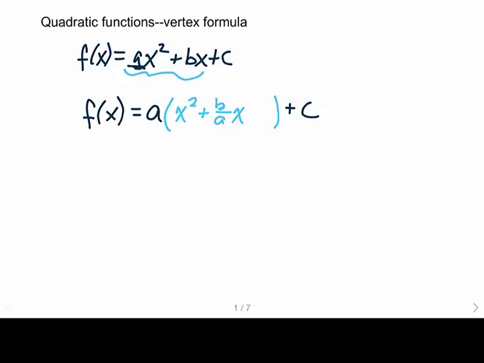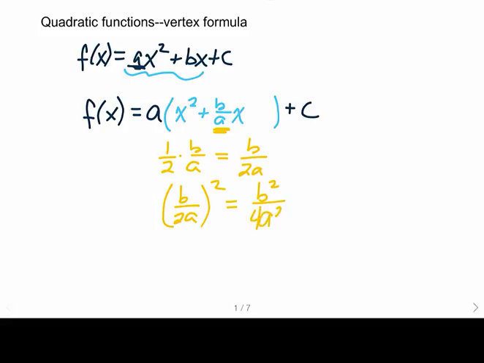When we do complete the square, now inside the parentheses we have a lead coefficient of 1. We look at the linear coefficient b over a. You may recall we take half of that coefficient, so half of b over a, which in this case is b over 2a, and then we take that number and square it. And so for this generic thing we get b² over 4a².